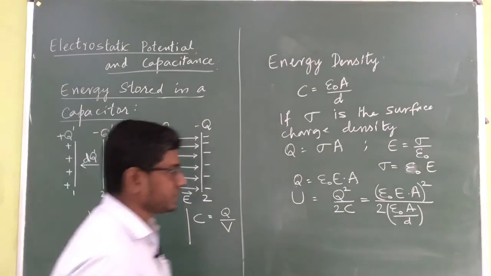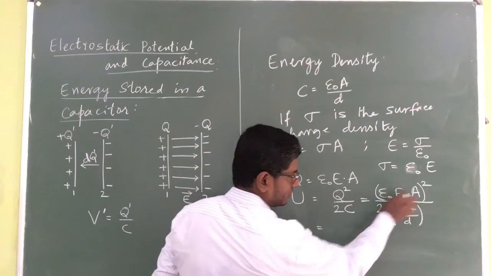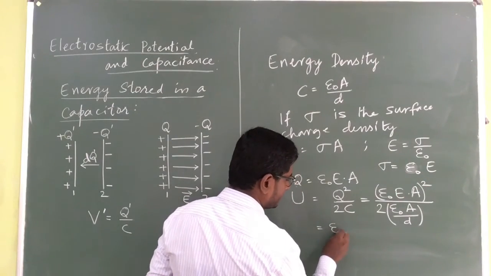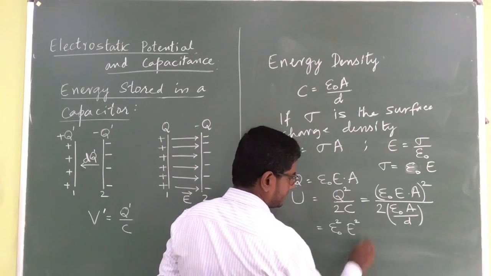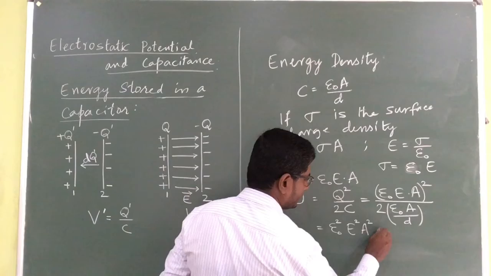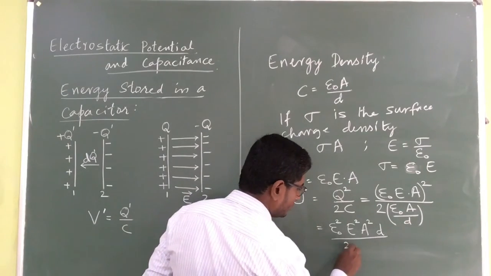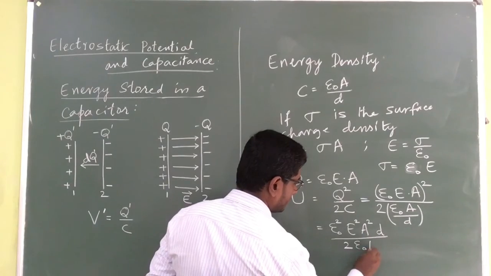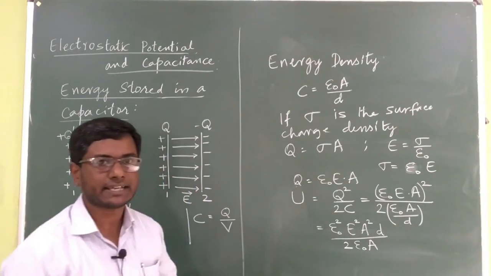Now, on simplification of this equation, I am going to go step by step. Opening the bracket, it is going to become epsilon naught square E square A square, and this D comes up to the numerator, so D is at the end, whole divided by 2 times epsilon naught A. Now observe the things that cancel out.